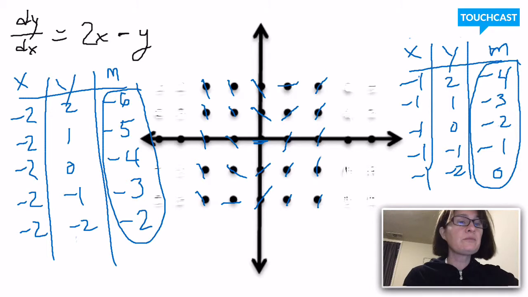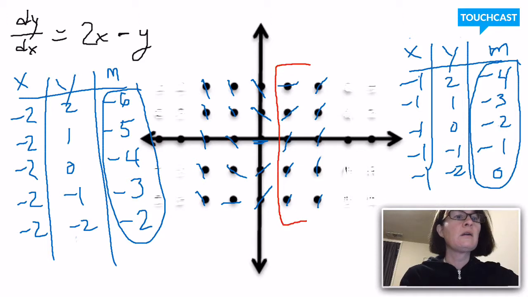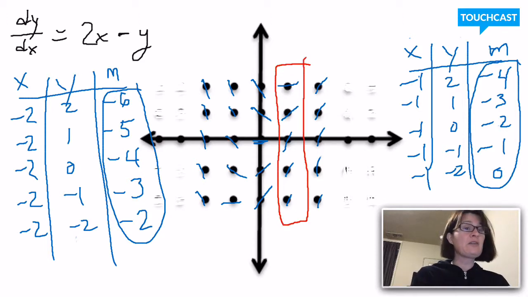Notice that here, for example, those points all have the same x-coordinate, but they don't all have the same slope.